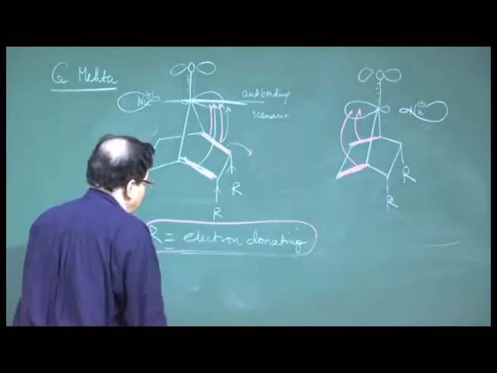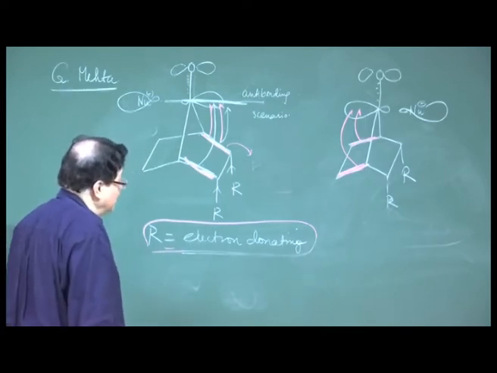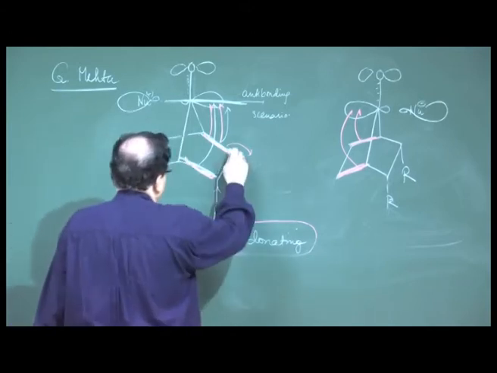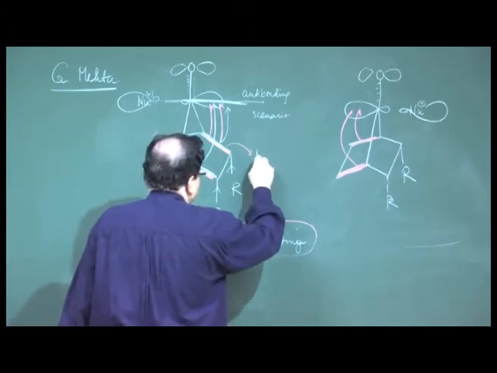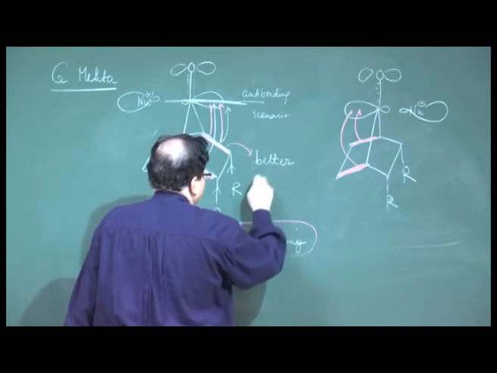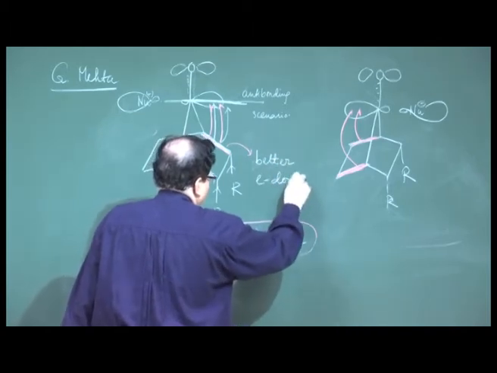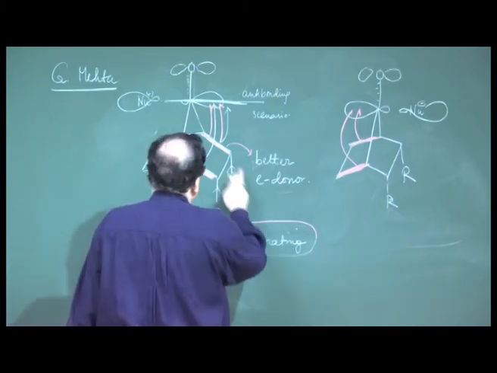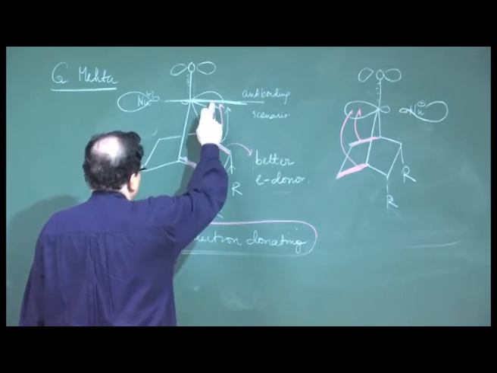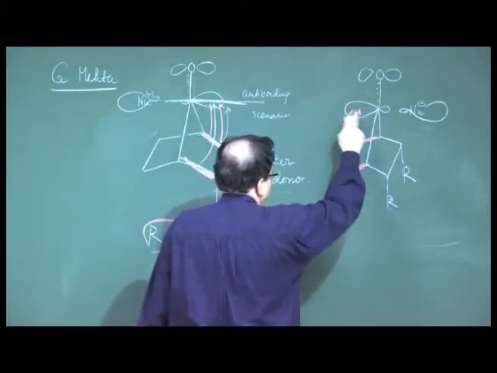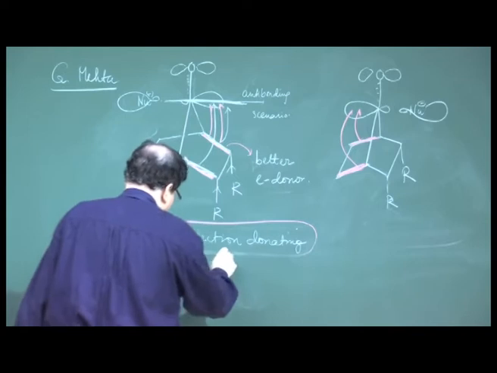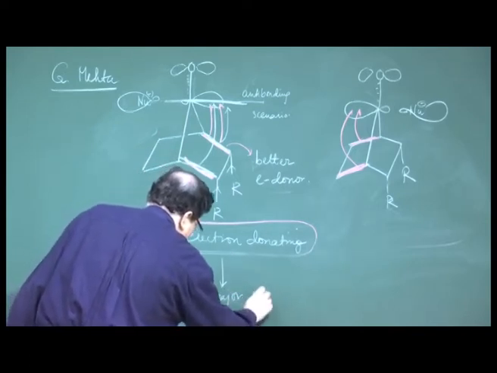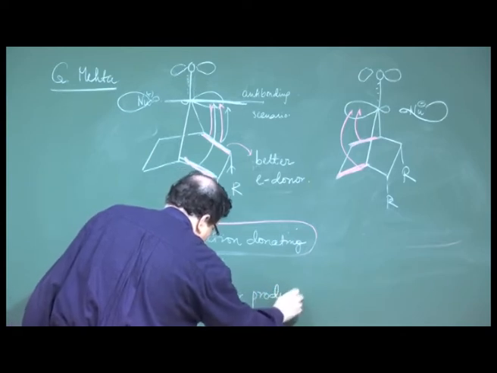Suppose these are methyl, alkyl groups, then this will be a better electron donor. So, this stabilization will be more with respect to this stabilization. So, in that case this will be the major product.